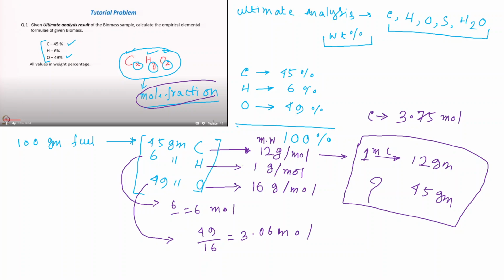So 45 gram carbon means 3.75 mole carbon, 6 gram hydrogen means 6 mole hydrogen, and 49 gram oxygen means 3.06 mole oxygen.